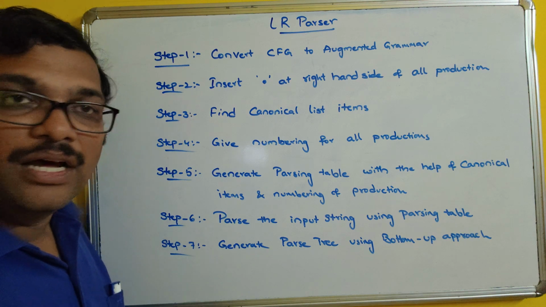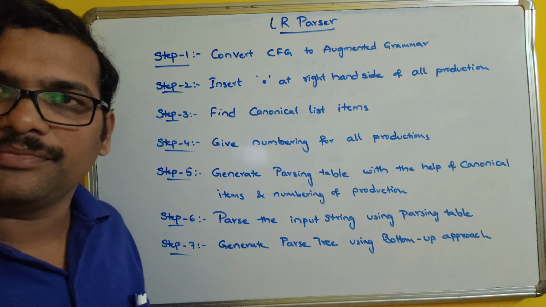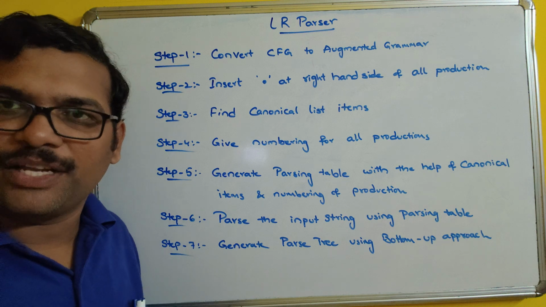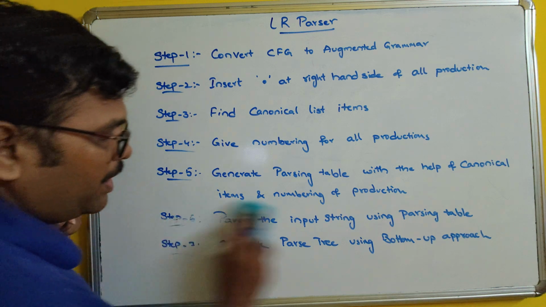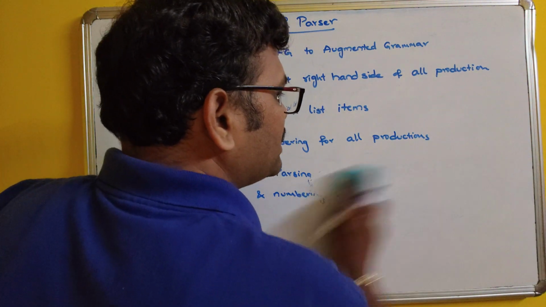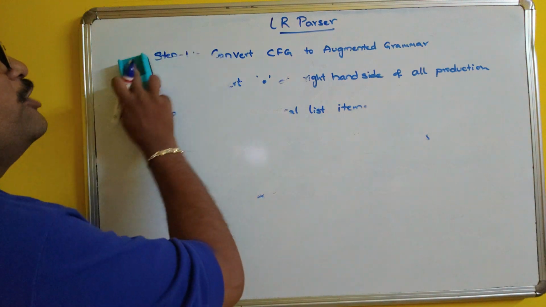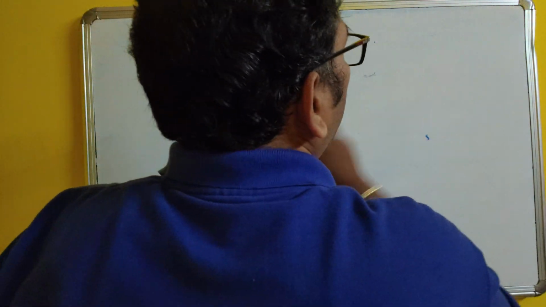These are the steps. Now we will go through them one by one, from step 1 to step 7. Let us take an example and see how the parse tree can be generated using the LR parser.